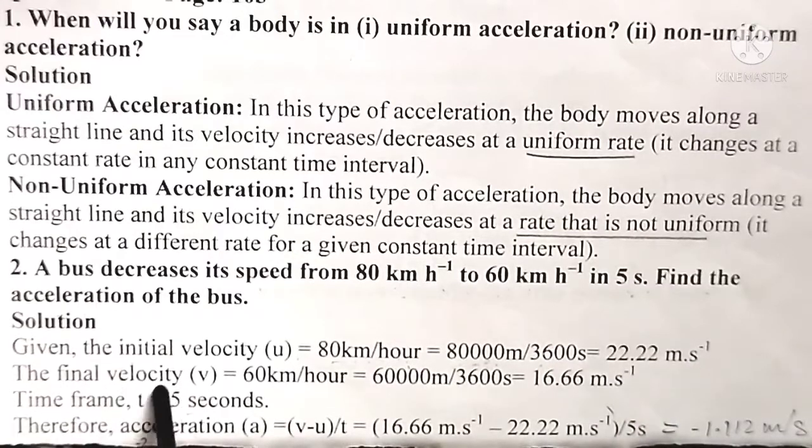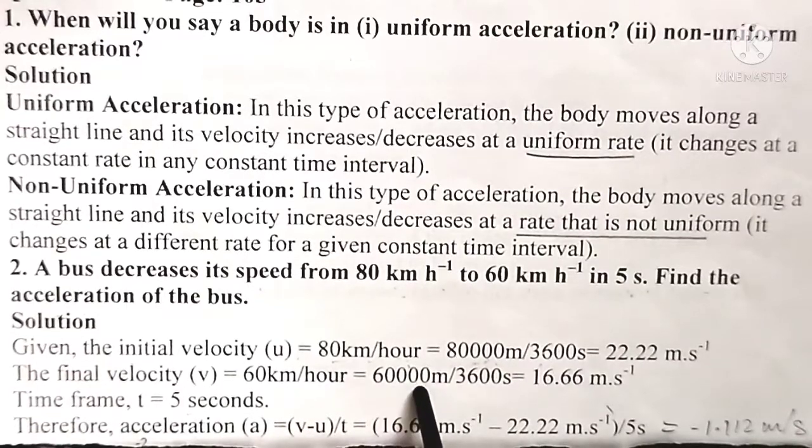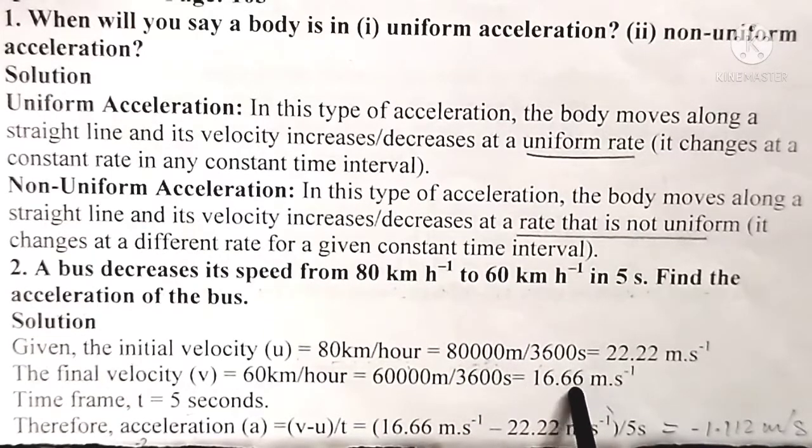The final velocity v is equal to 60 km per hour, that is equal to 60,000 meter divided by 3600 second, that is equal to 16.66 meter per second. Time t is equal to 5 seconds.